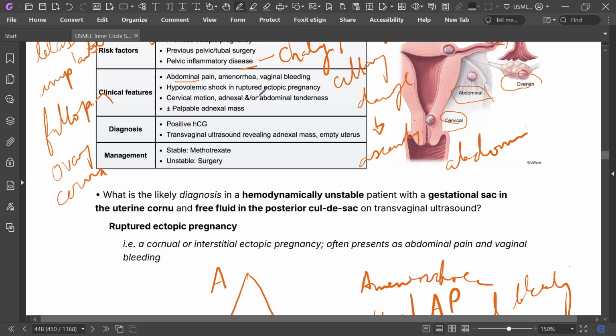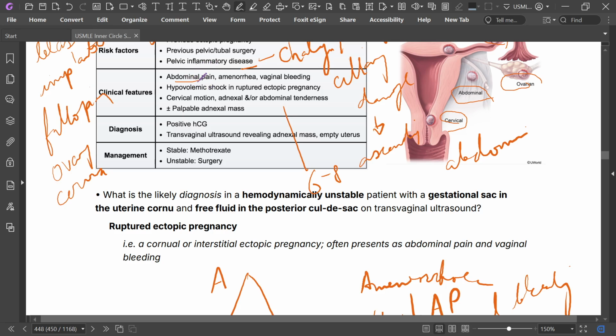Presentation is at 6 to 8 weeks of gestation, typically with amenorrhea and unilateral lower abdominal pain. The abdominal pain develops as the fallopian tube becomes increasingly distended.